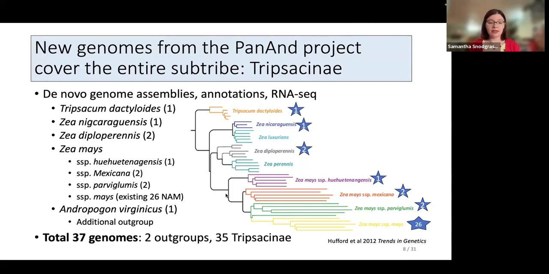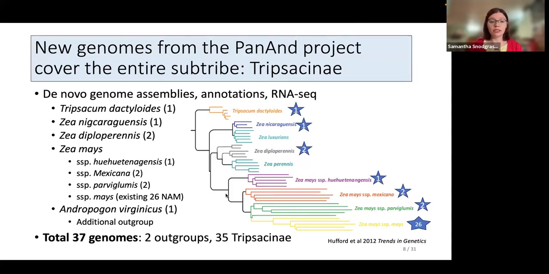Because of that project, we now have genome assemblies that are chromosome level for almost every taxon within this subtribe. So for this project, we are using one of the Tripsacum dactyloides assemblies, one for Nicaraguensis.